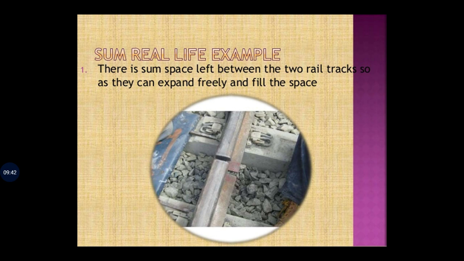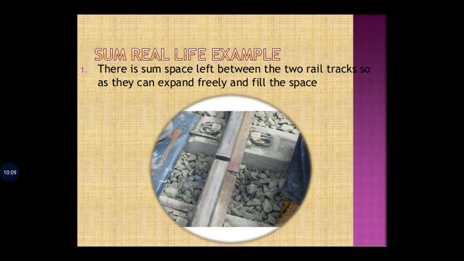Railway tracks have small spaces between them because in summer the heat increases.